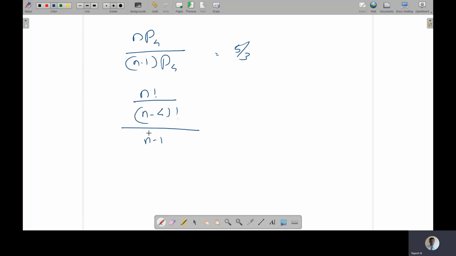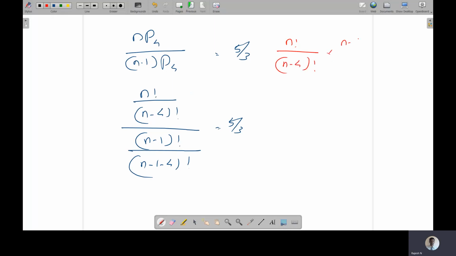Here it is (n minus 1) factorial by (n minus 1 minus 4) factorial, is equal to 5 by 3. Now, n factorial by (n minus 4) factorial into (n minus 5) factorial by (n minus 1) factorial is equal to 5 by 3.